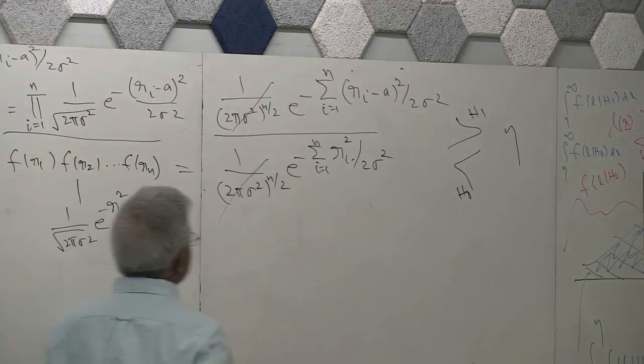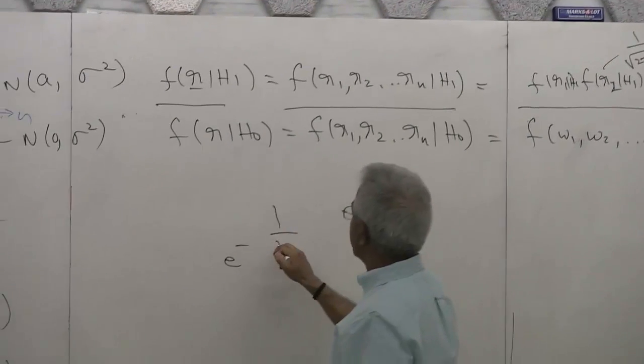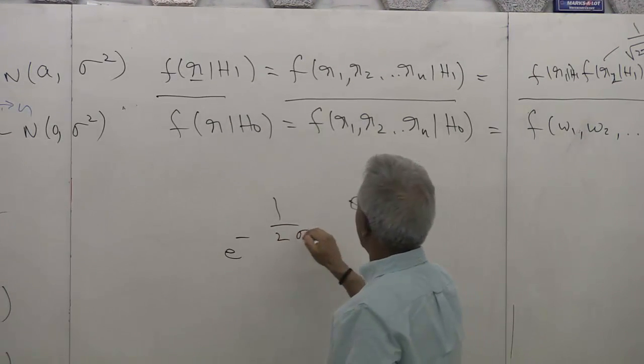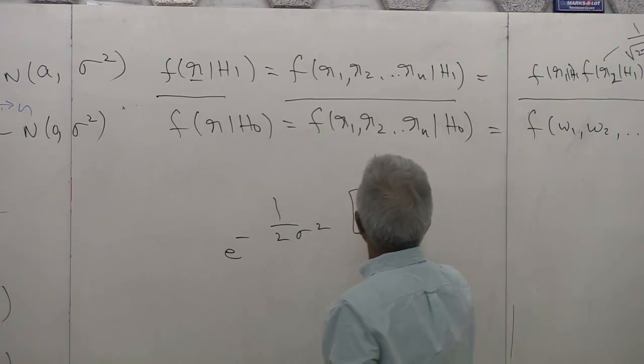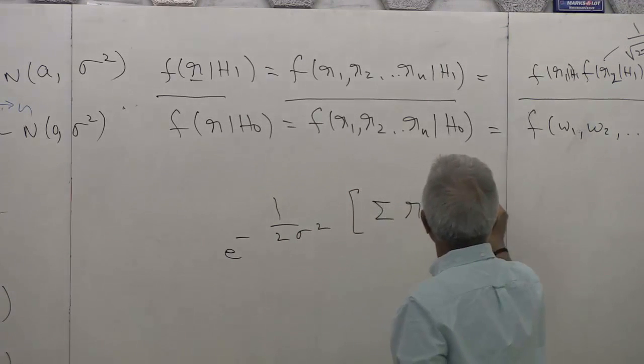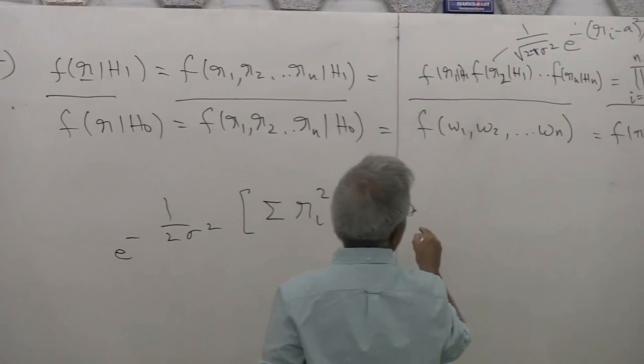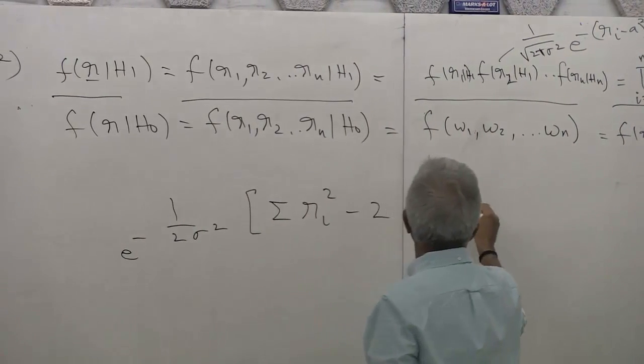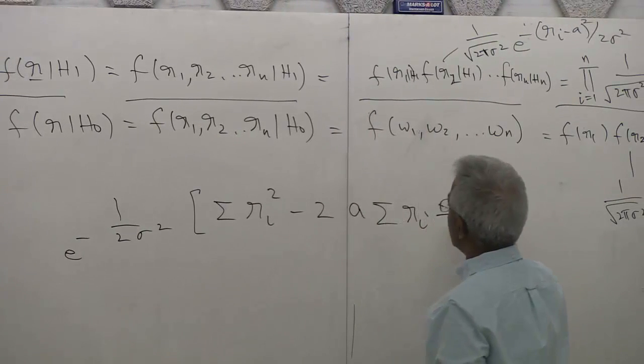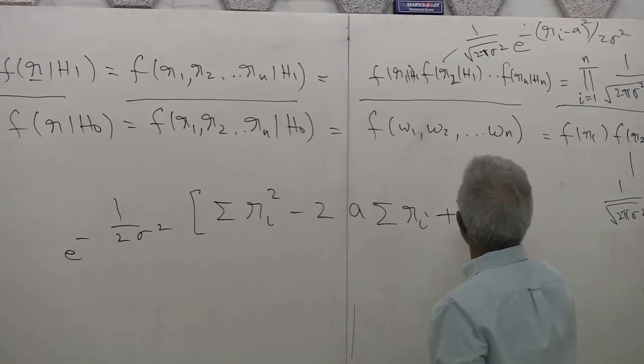So look at here. The numerator, of course, in this case, if you expand, you get e raised to minus 1 over 2 sigma squared, then you have summation Ri squared minus 2 a summation Ri, then you have summation a squared.